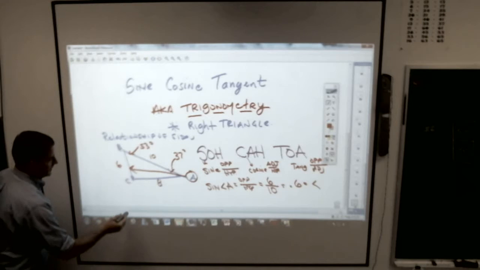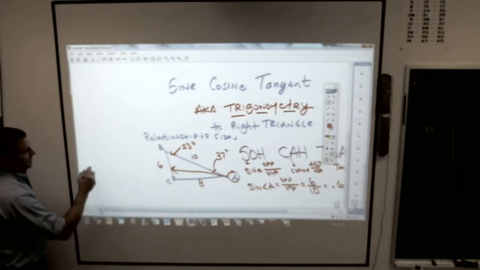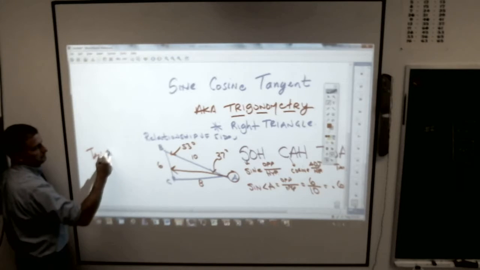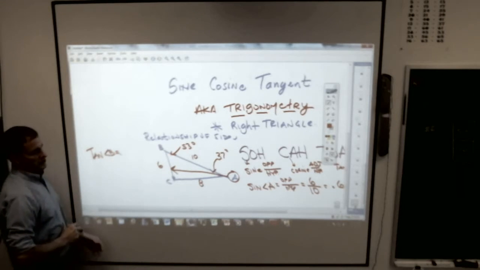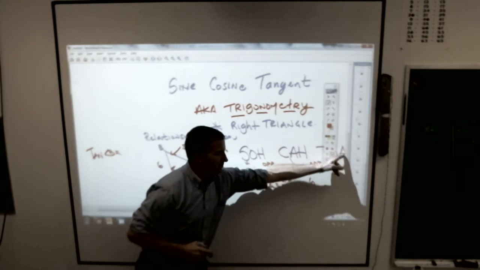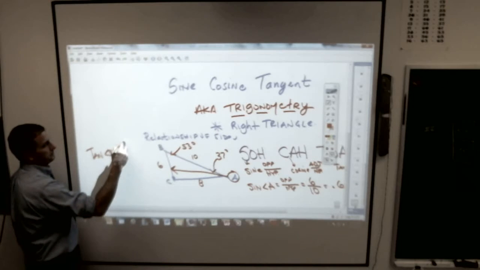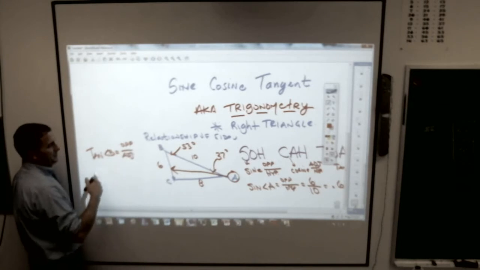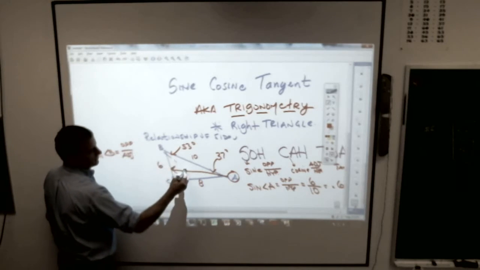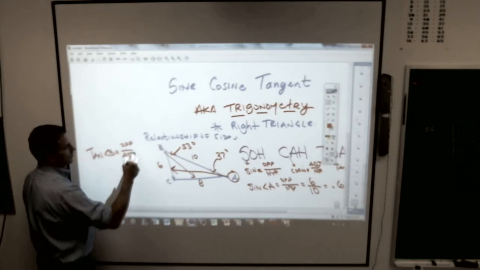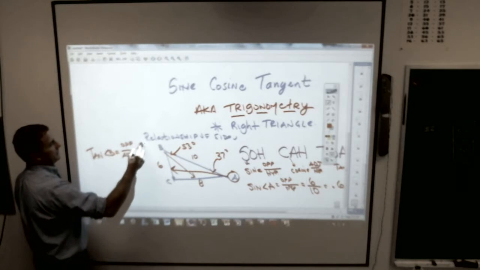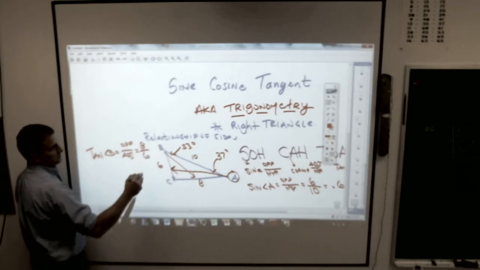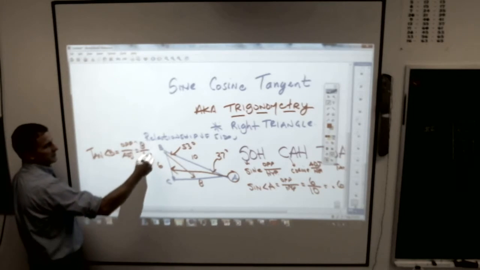So I look at the tangent of angle B. We know the relationship of tangent is TOA, opposite over adjacent, correct? My opposite side of angle B is what? 8. What's my adjacent to angle B? 6.